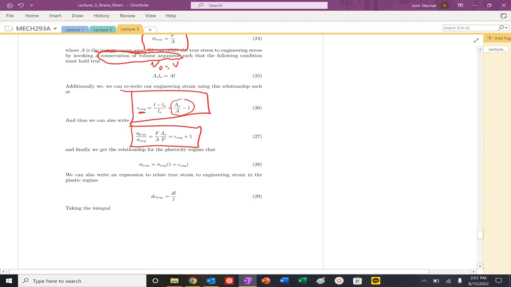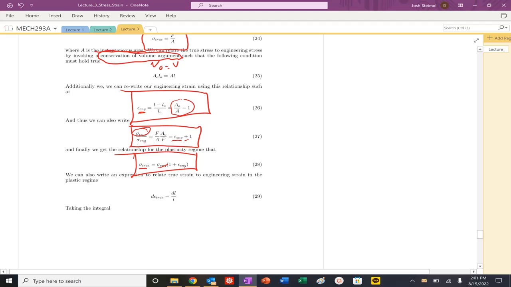My true stress over my engineering stress is related to my engineering strain plus 1. So my true stress is related to engineering stress, which I know, and my engineering strain, which I know.